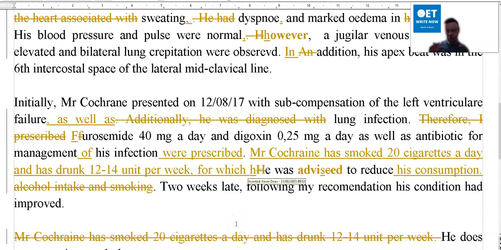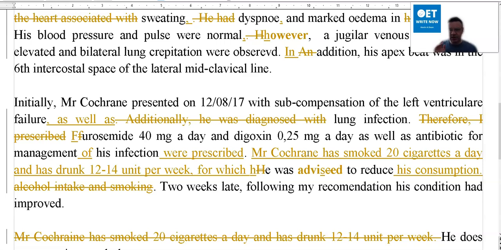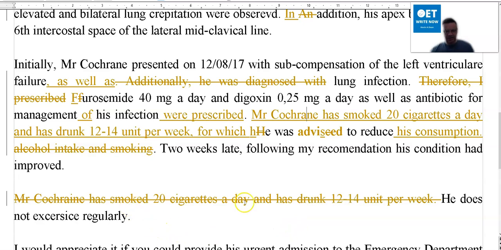So we're grouping this. Instead of a sentence here and another sentence here, put that information together. Mr. Cochrane has smoked 20 cigarettes a day, and drunk 20 units per week. For some years, has smoked or has been smoking, let me see, has smoked. Right, so if you're using present perfect, we need to know how long it's been going on for.